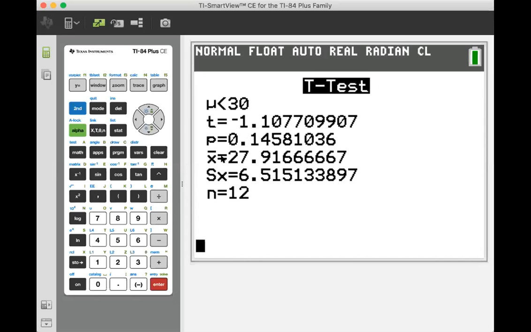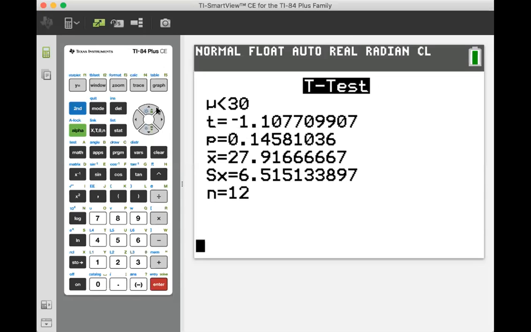But when the calculator finds x bar and Sx, it keeps all of the decimal places. It doesn't round, and uses these unrounded values to find the test statistic. So this is more accurate when it uses the original data instead of rounded statistics. So we get t equals negative 1.108 and the p-value is 0.1458.